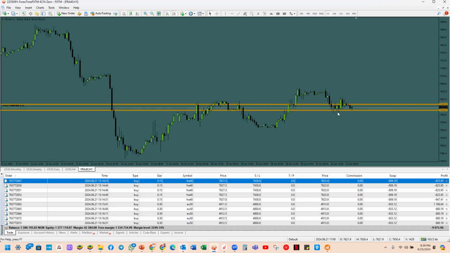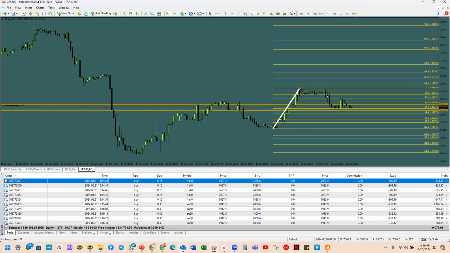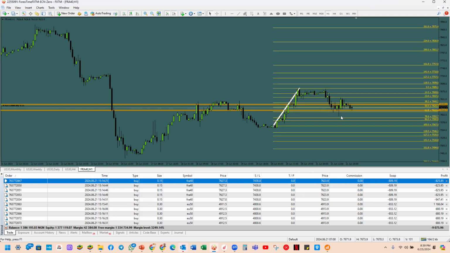And if I put my Fibonacci there, you will see it's coming from the 61.8 level. And if this market is going to buy, it's going to come to a minimum of the 161.8 level. This is where the market is going to run to, at least before it will do a pullback.